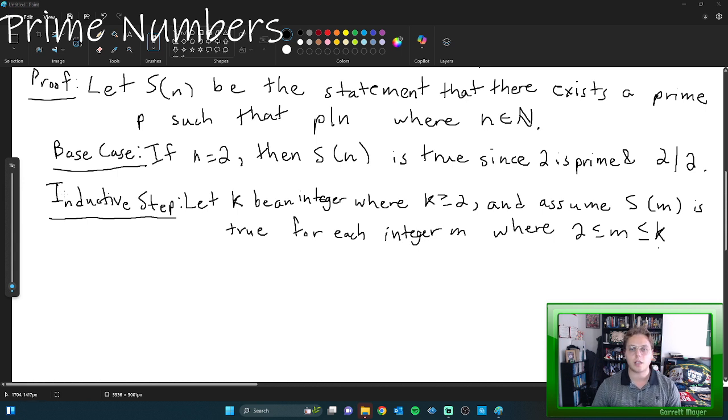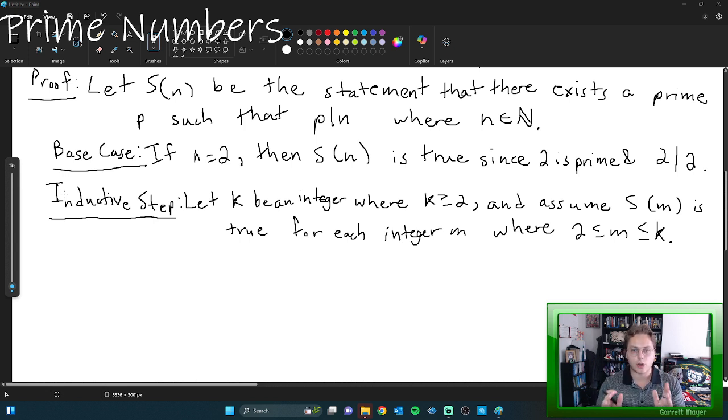So what we're assuming here is that S of m is true. So for all of these integers between 2 and k, we can find some prime that divides each of those integers. So that's what we're assuming to be the case here.